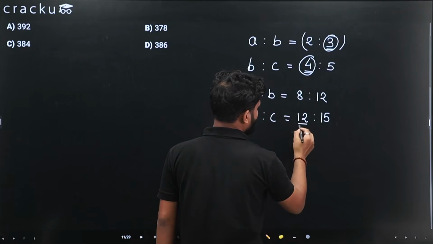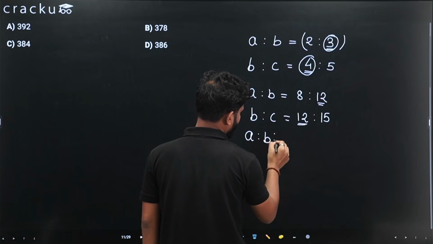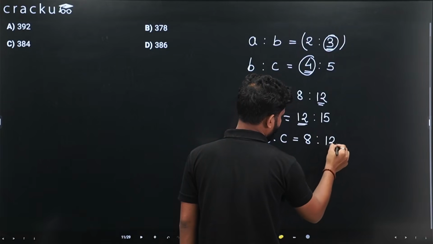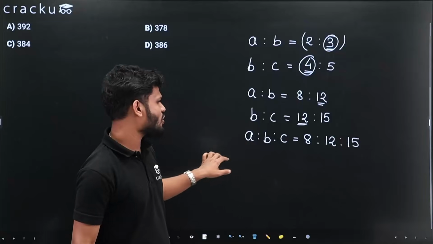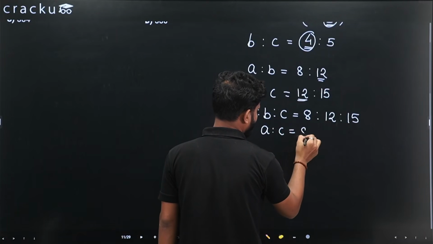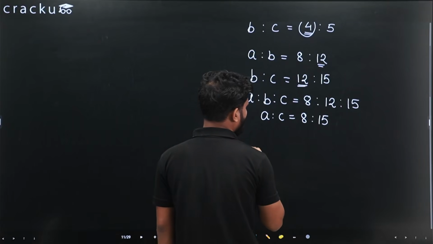So now, as these two values are equal, we can say A is to B is to C is 8 is to 12 is to 15, right? So the ratio of A and C will be 8 is to 15. Correct? So from here what do we get?